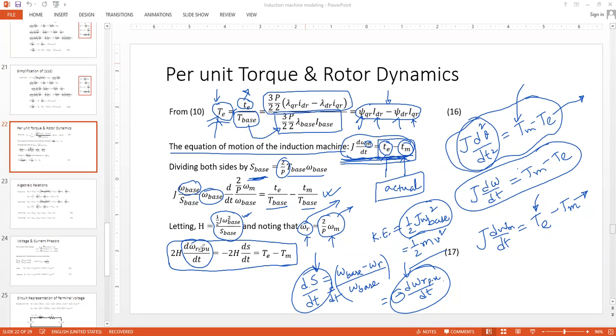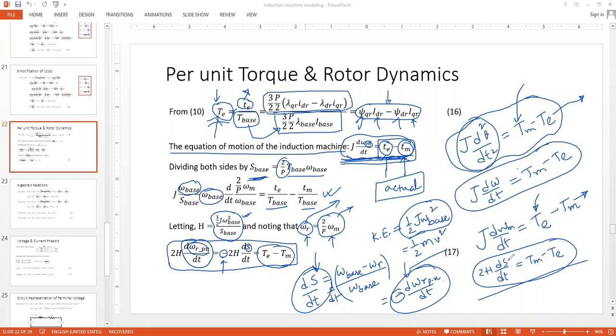This is why, if you switch from the omega r expression to the slip expression, you have an additional minus sign. However, you can get rid of this minus sign simply by writing twice H ds over dt is simply Tm minus T. Just swap these two and you get rid of the minus sign that appears at the beginning.